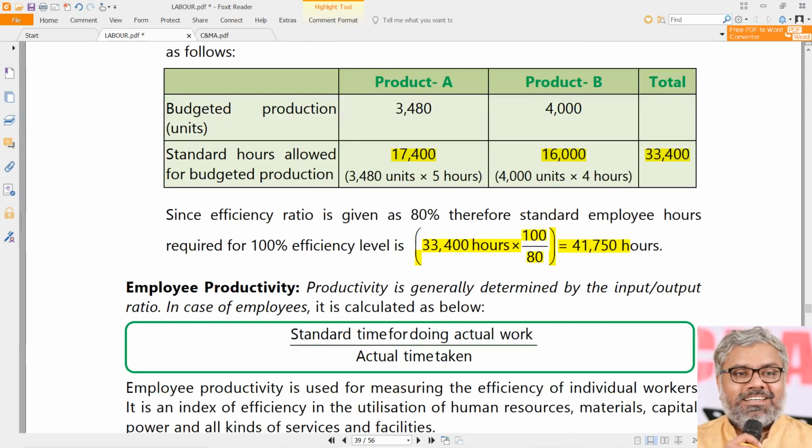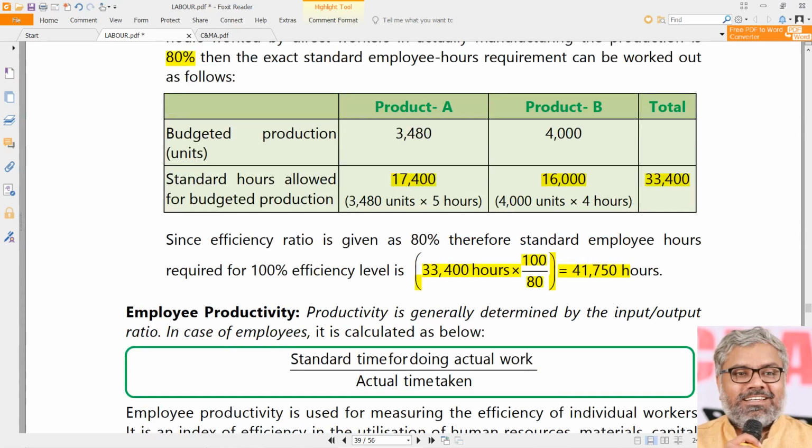Why? Because the budgeted production is 3,480 and actual production is, let us say, only 3,000 units of product A. Can we say then also that they are supposed to take 17,400 hours totally? That would be wrong, right? Because 3,480 was only a forecast, but really they have manufactured only 3,000 units.